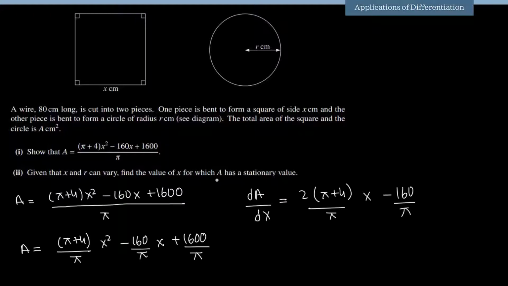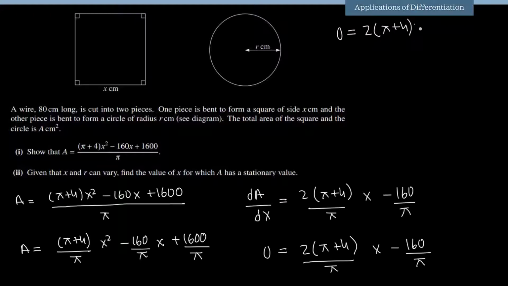Now for when A has a stationary value, dA upon dx would be 0. So this would be 0 is equal to 2 times (pi plus 4) divided by pi x minus 160 upon pi. Multiplying both sides of the equation by pi would give me 0 is equal to 2 times (pi plus 4) x minus 160.